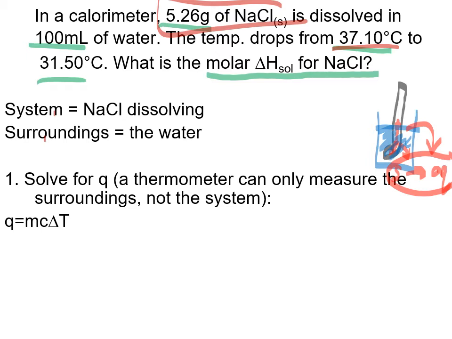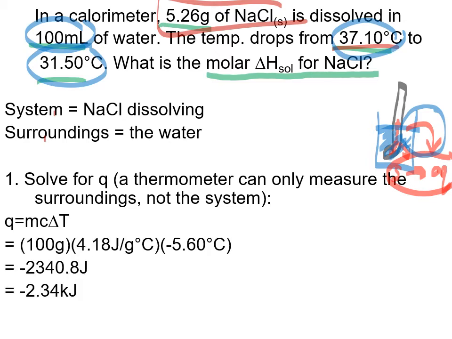So we can plug in the values that we know for the water. We're dealing with 100 mils of water. We know its temperature change, what it's starting at and what it's ending at, and it's water, so we know its heat capacity. So we can figure out what that energy change is. What's the Q value? What's the heat that is leaving the water? So again, put in the mass of the water, and we're just converting the milliliters into grams.